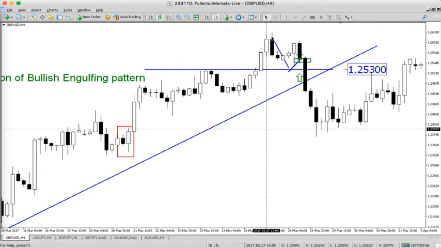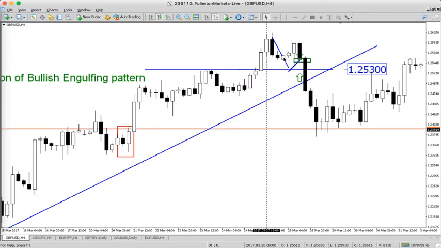So I mentioned that I'm waiting for price to retrace to around 1.2530. If it forms a bullish engulfing, that will be my entry criteria for long. So that didn't fulfill. Price did not retrace to 1.2530 to form any engulfing pattern. It basically just fell right through, as you can see over here.